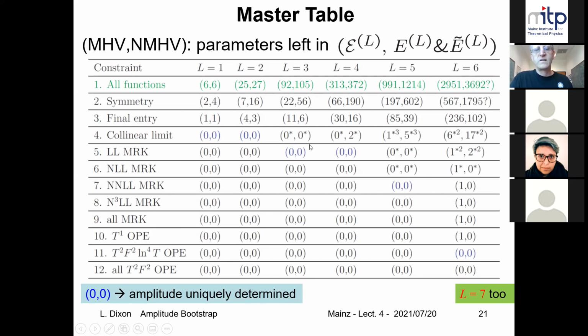And in fact, you could say that we could self-consistently determine all the terms entering the MRK limit order by order, because by the time we get to here, we've determined a certain number of subleading logarithms, which is enough to fix the answer to the point at which these are zeros. These asterisks, I'm not going to explain here. They have to do with certain normalization factors and assumptions about that.